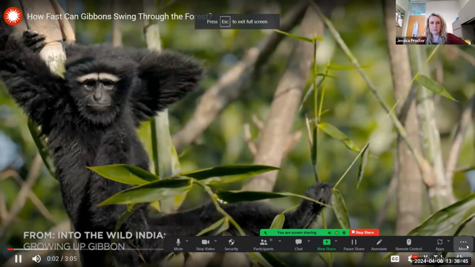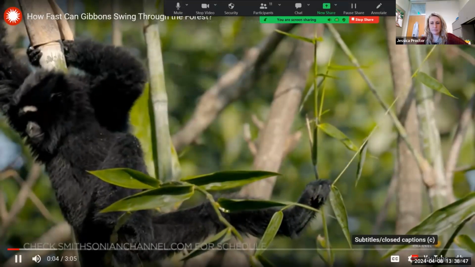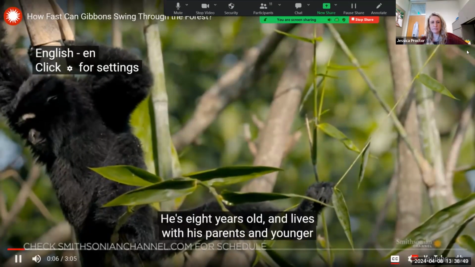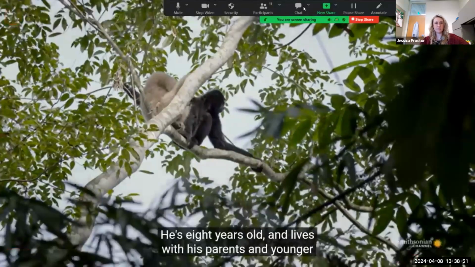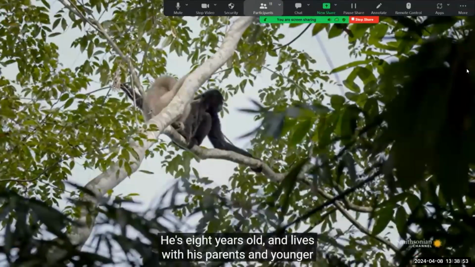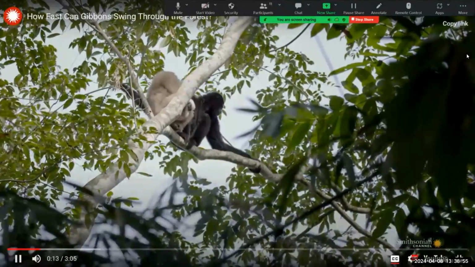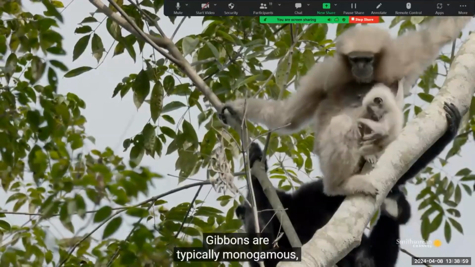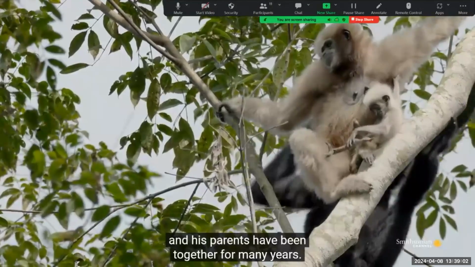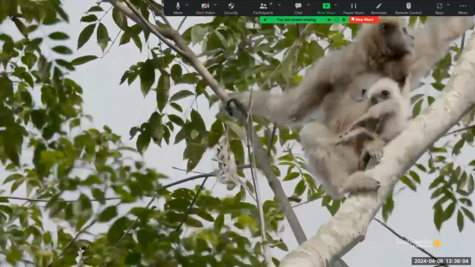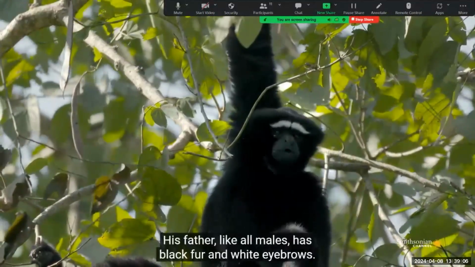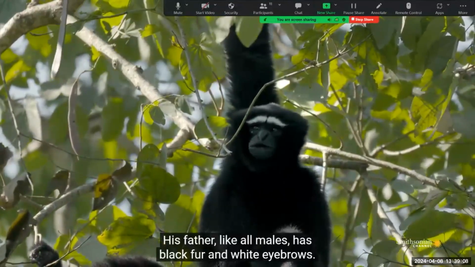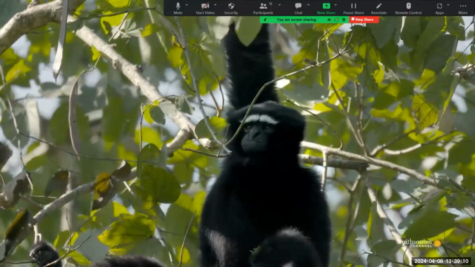This is Samar. He's 8 years old and lives with his parents and younger sister in a tight family unit. Gibbons are typically monogamous, and his parents have been together for many years. His father, like all males, has black fur and white eyebrows.